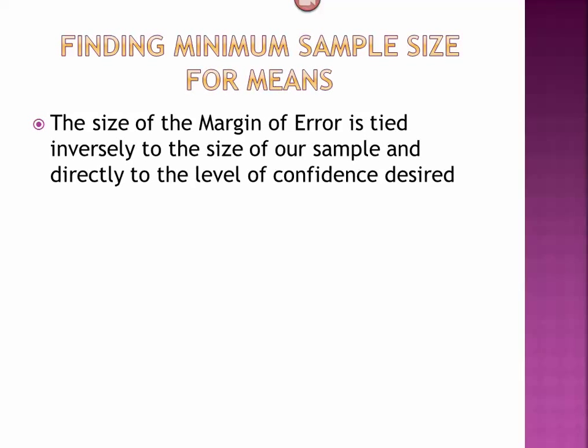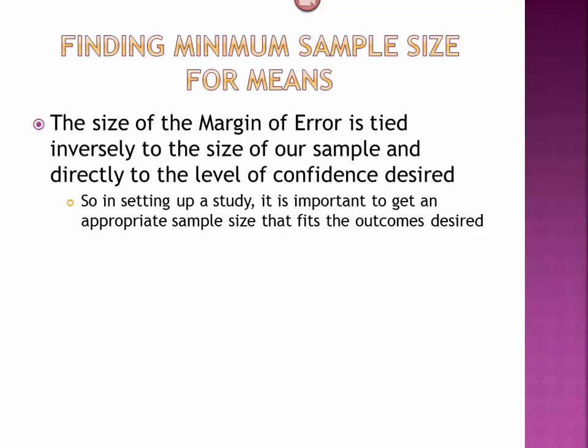Margin of error is actually tied inversely to the size of our sample and directly to the level of confidence that we are after. In setting up a study, it's important that we, ahead of time, know how big our sample should be so that it fits the outcomes we desire. Usually we're not going to want a very large margin of error because it doesn't hone in too closely to the desired population parameter that we're trying to estimate.